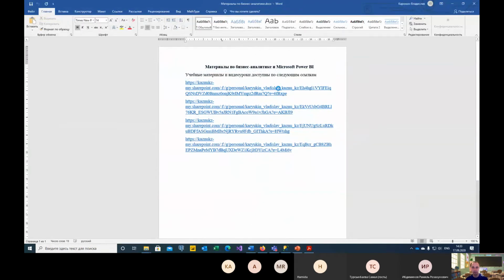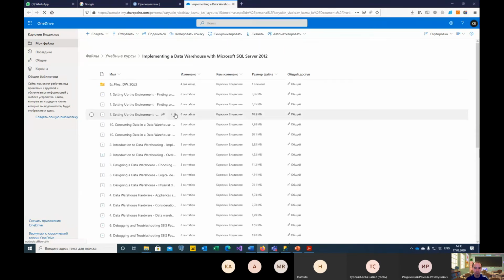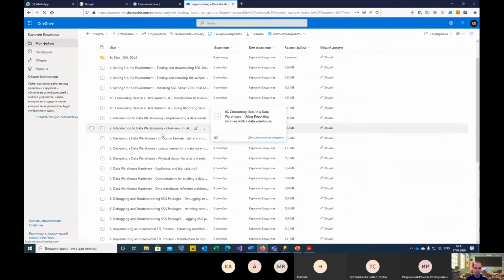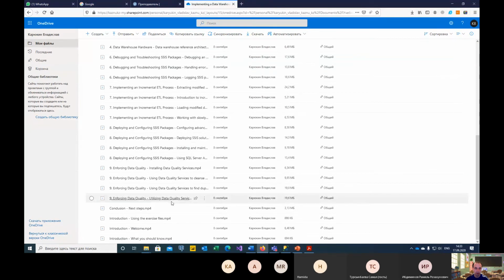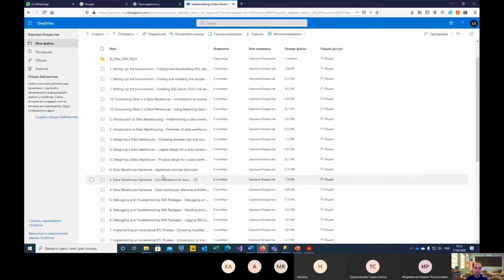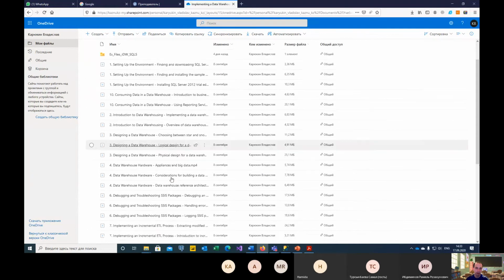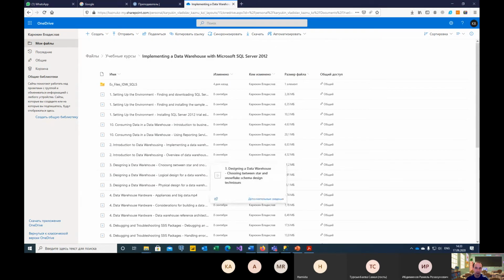The first one is how we can create the data warehouse in Microsoft SQL Server. It is about setting up the environment and some design of the data warehouse. And there are also some SQL Server Integration Services, which are described there.